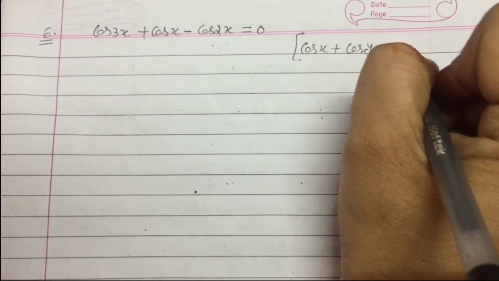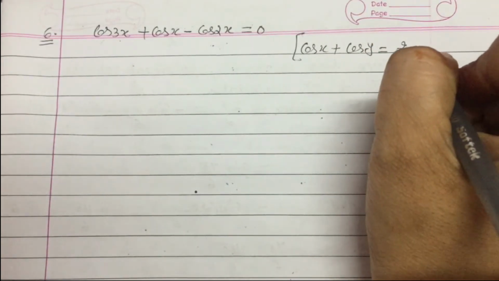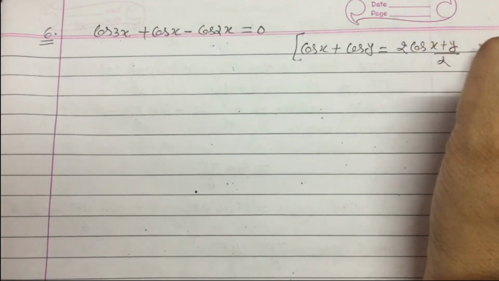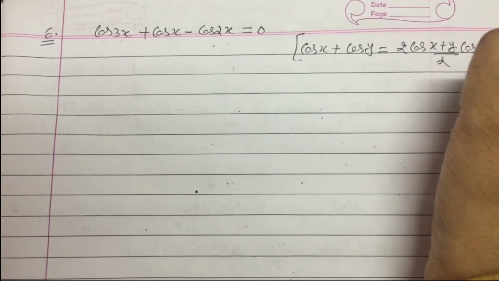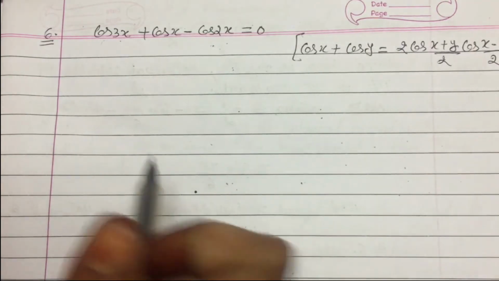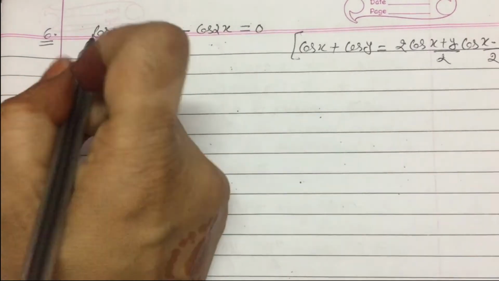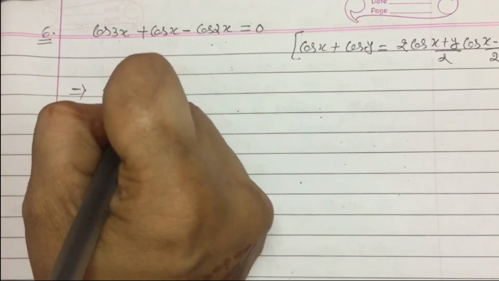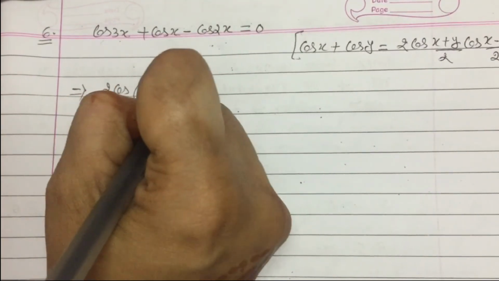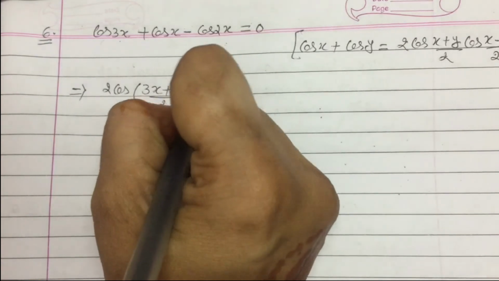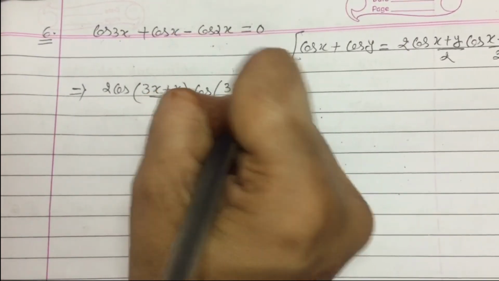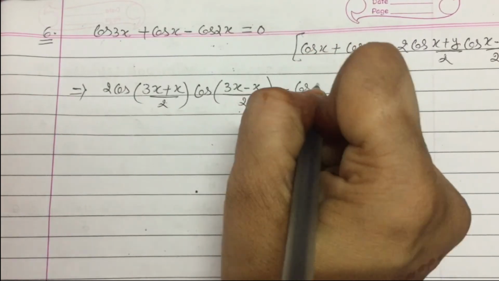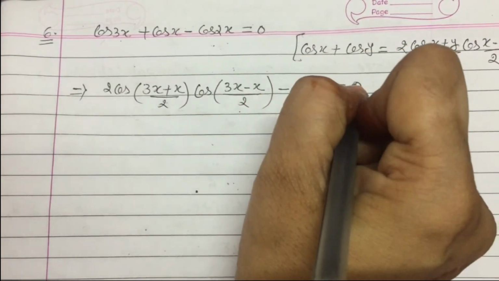The formula is 2 cos of (x plus y) upon 2 times cos of (x minus y) upon 2. So you will get 2 cos of (3x plus x) by 2 and cos of (3x minus x) by 2, and cos 2x written as it is.